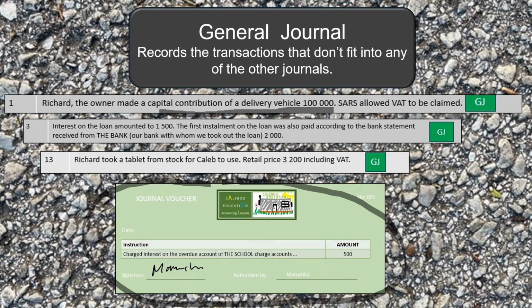Interest on a loan goes through the general journal. The owner takes stock for his own use, goes through the general journal.